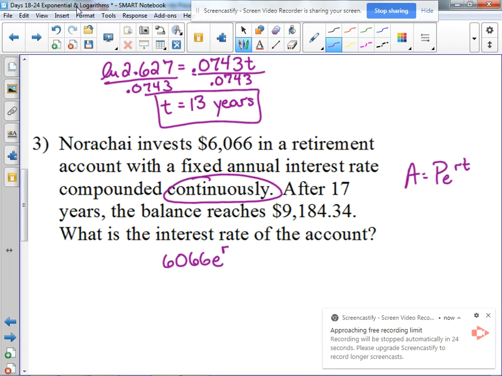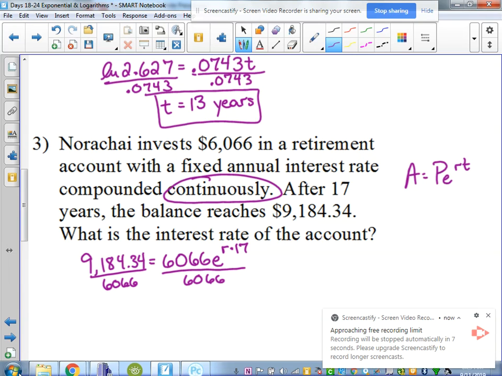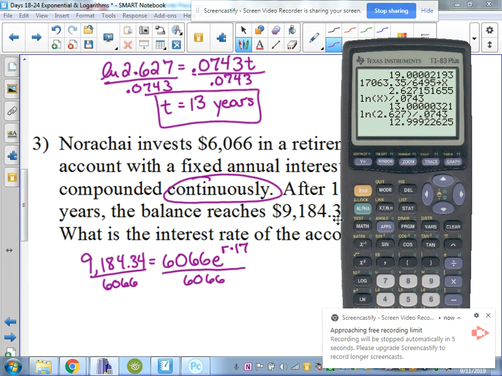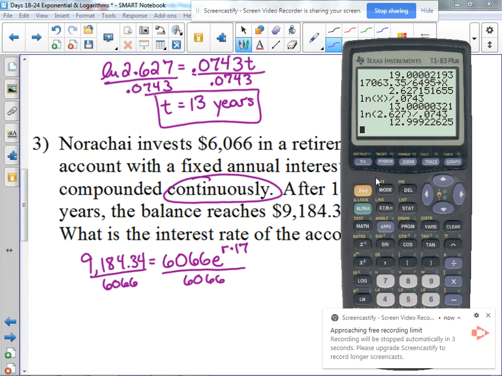What is the interest rate? 17 years, it reaches that much. So same thing that we just did, we're just looking for R instead of T. And you're going to have to remember at the very end to convert that decimal to the percent form.